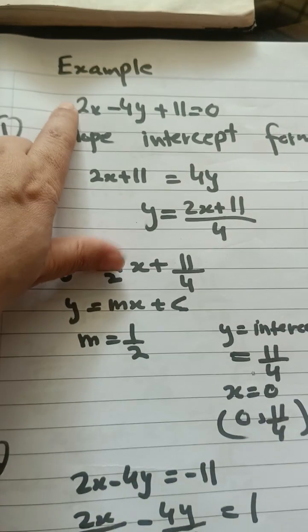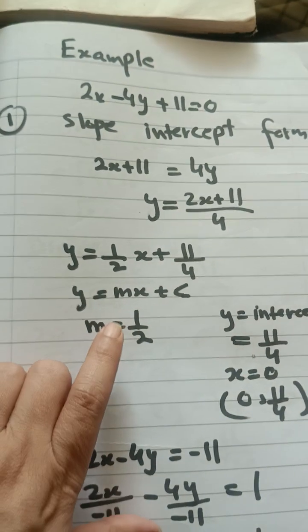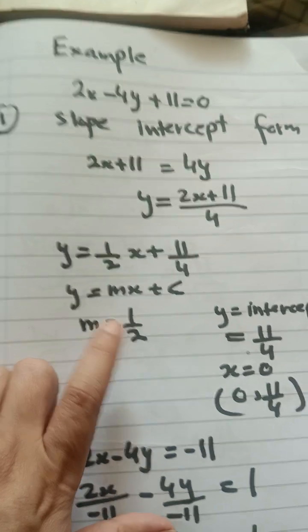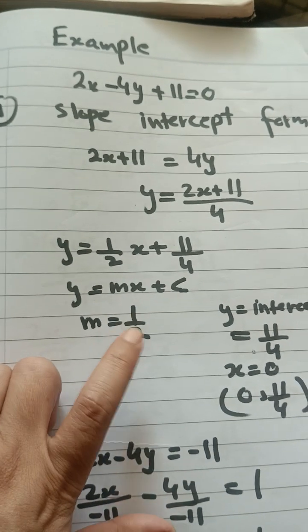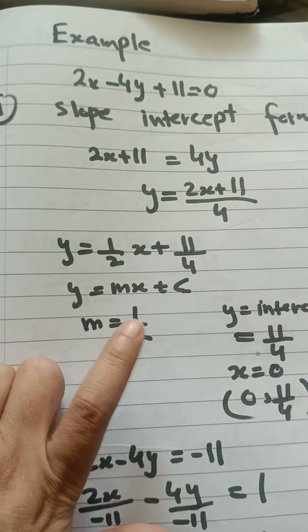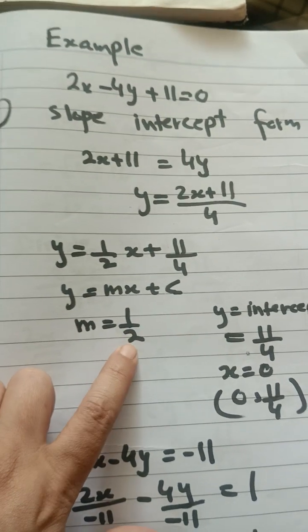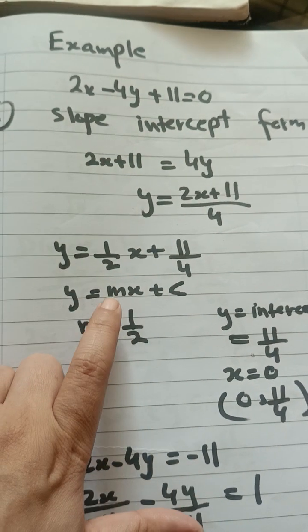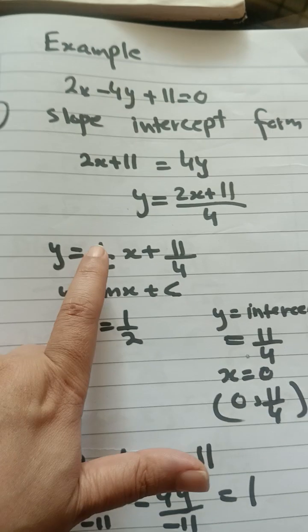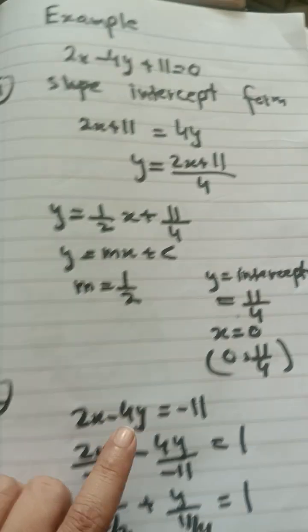In the last questions, we calculated the slope when points were given. Now the line is given, so we can find the slope. If the equation of the line is given, we can find the slope, which here is m equal to 1 over 2.